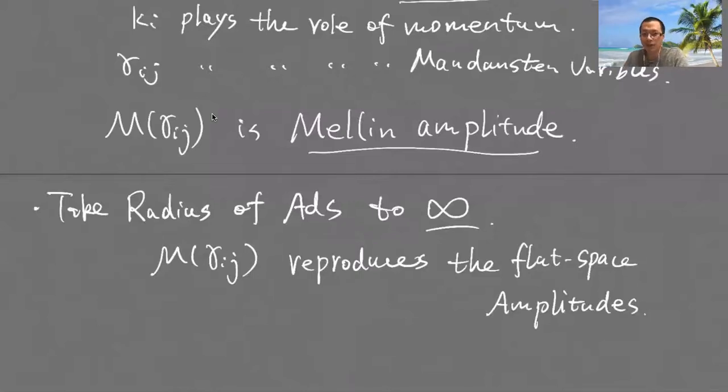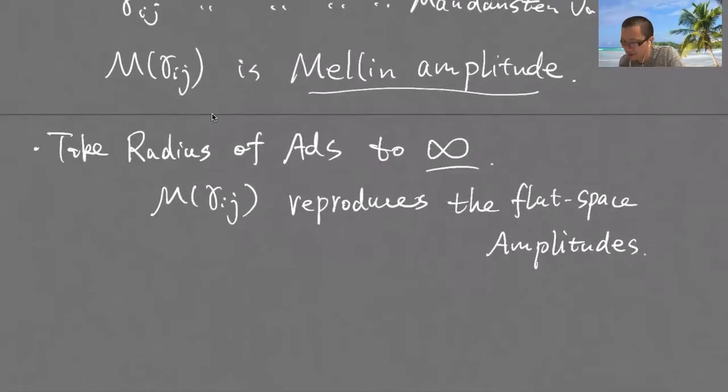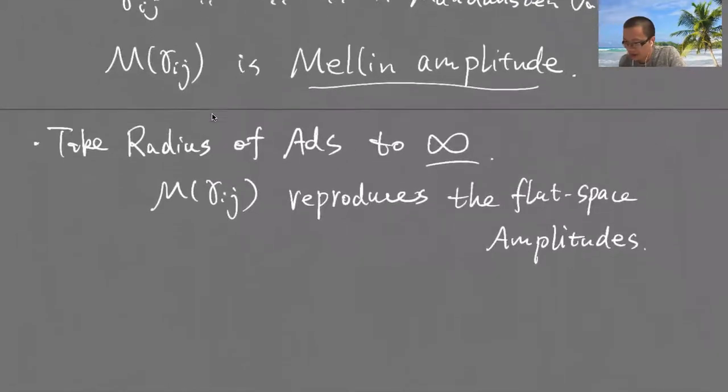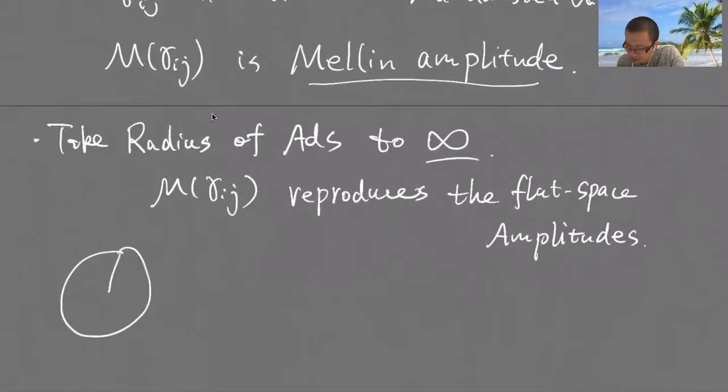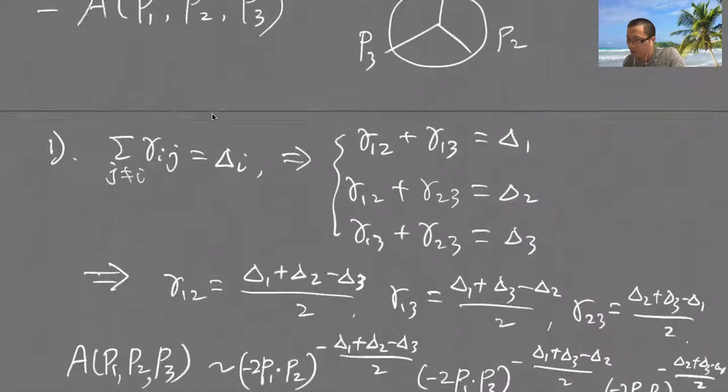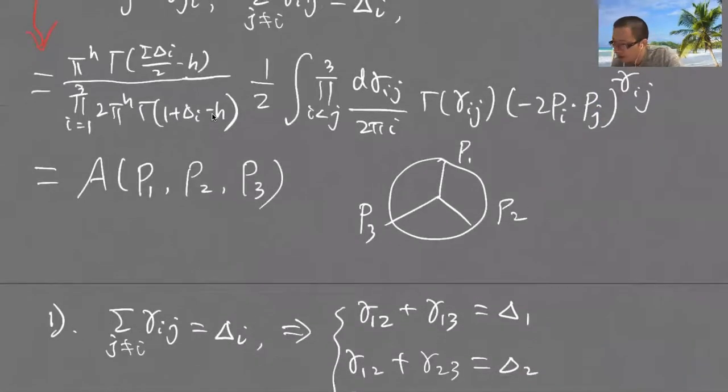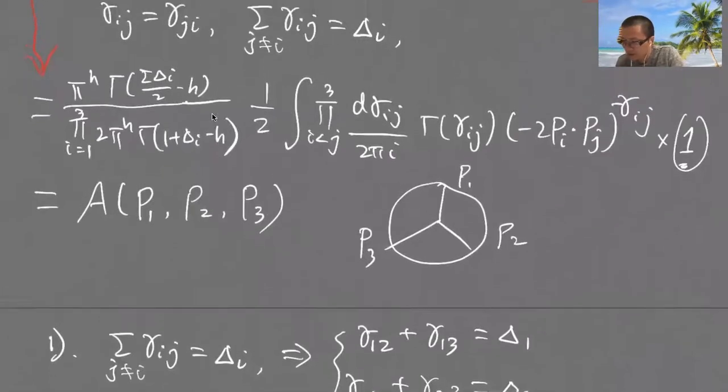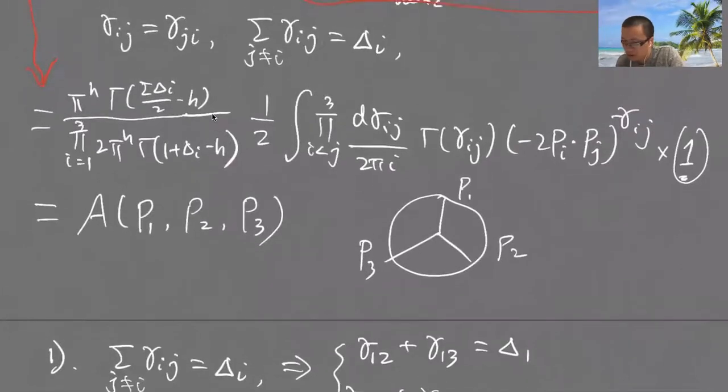So in the simplest example we did, this is a 3-point function. We see the Mellin amplitude in this case is really just 1. If we put back the coupling lambda, it's basically lambda.